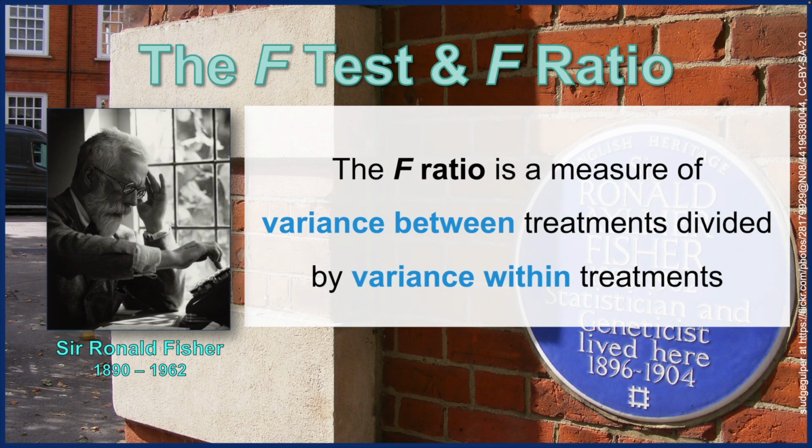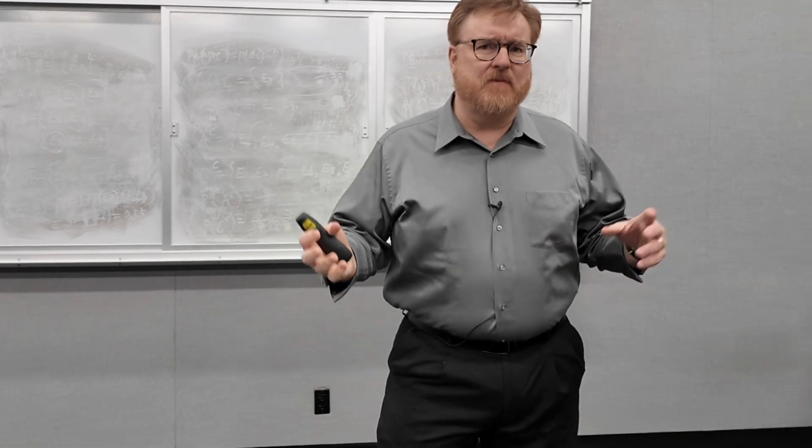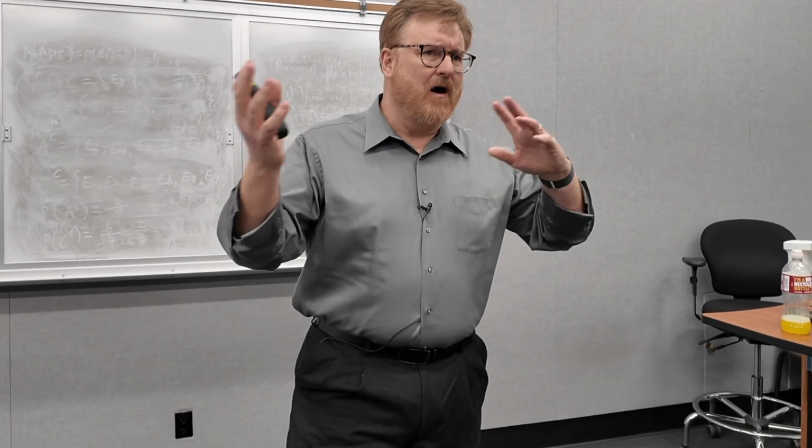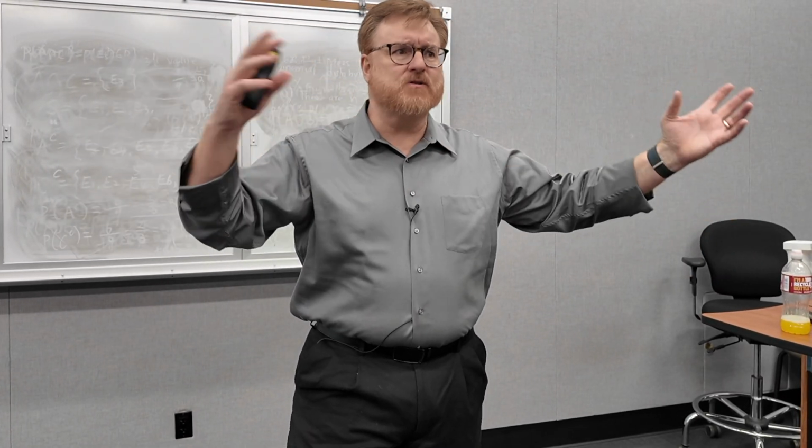So you can notice his last name, Fisher, F test, that is where the name comes from. The F ratio, which is the foundation of the F test, is a measure of variance between divided by variance within. Well, how do we separate variance between and within, and where do these variance measures come from?